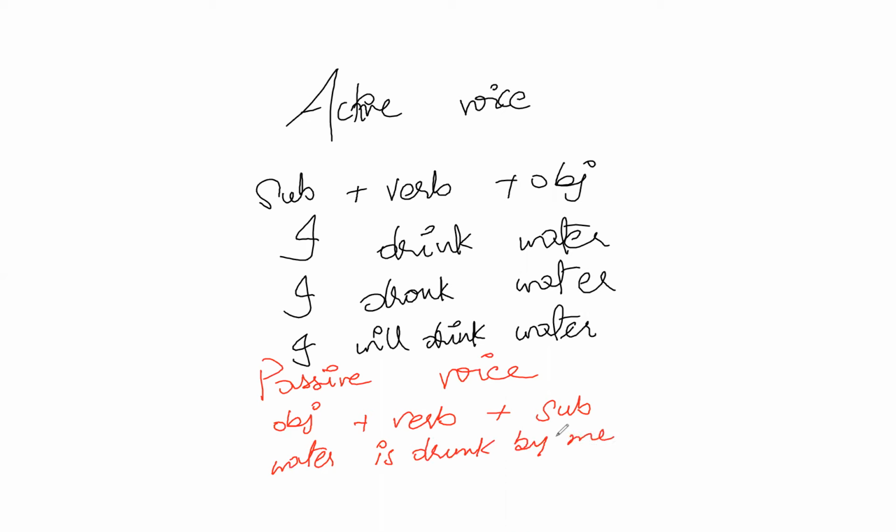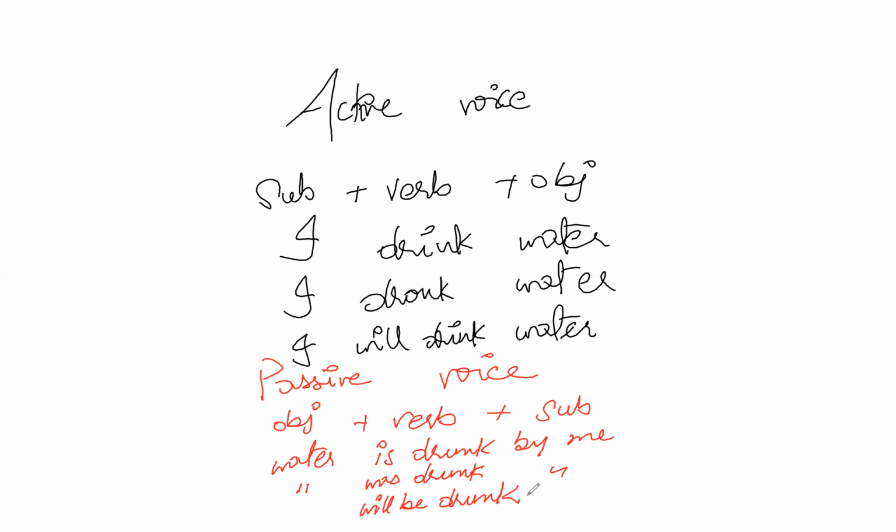So by me is the subject, water is the object, and is drunk is the verb. If it were in past, then water and by me are going to remain the same. Was drunk is going to be the only change, and if it were in future, it will be drunk. So that is the general sense of active and passive.